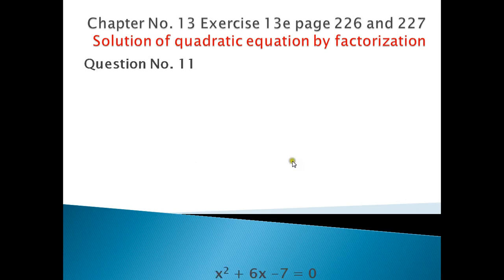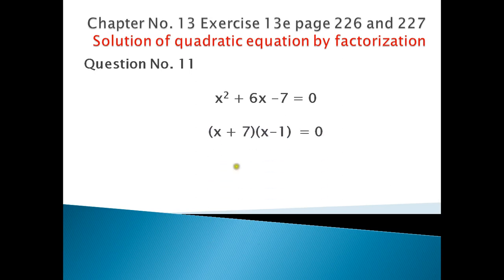Question number 11. This is the question. So what will be the pair now? We need the pair of minus 7, and when we add or subtract it should be plus 6. So 6 and 1. 6 multiplied by 1 equals 6, so it is not correct. 7 multiplied by 1, see the pairs. 7 multiplied by 1 equals 7, and 7 minus 1 equals 6.